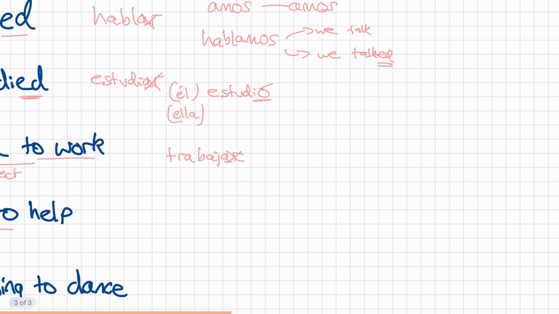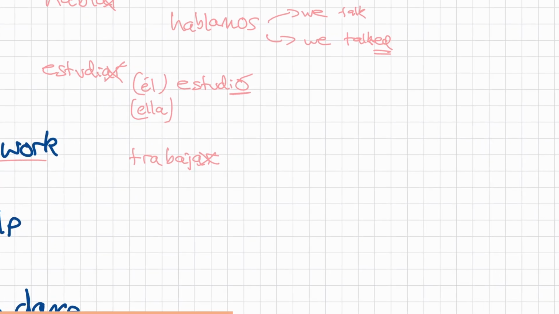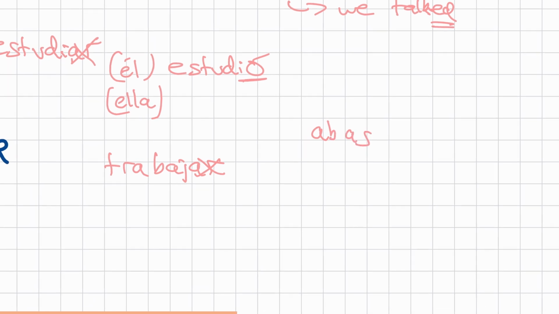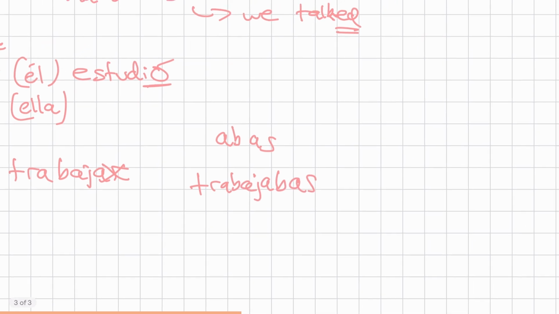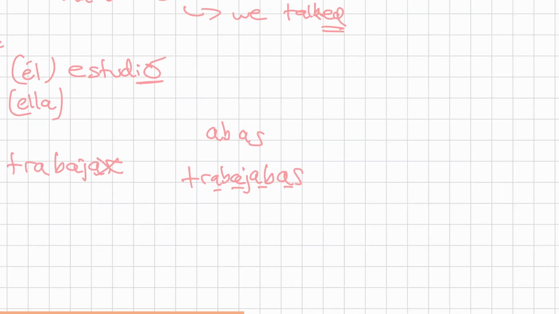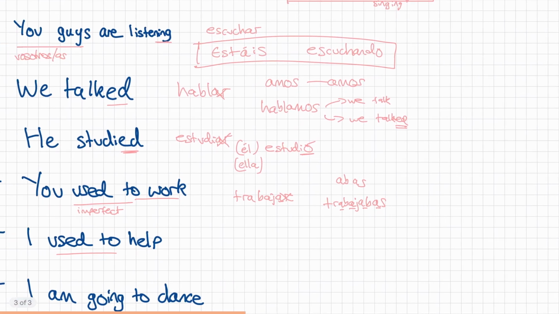So, used to work, trabajabas. Vale? So the ending here is abas. Trabajabas is harder to pronounce because of how many A's there are in there: 1, 2, 3, 4 A's. Trabajabas. Vale. So that is you used to work.